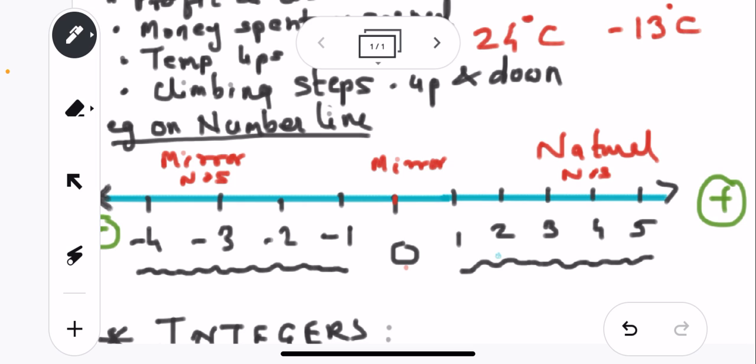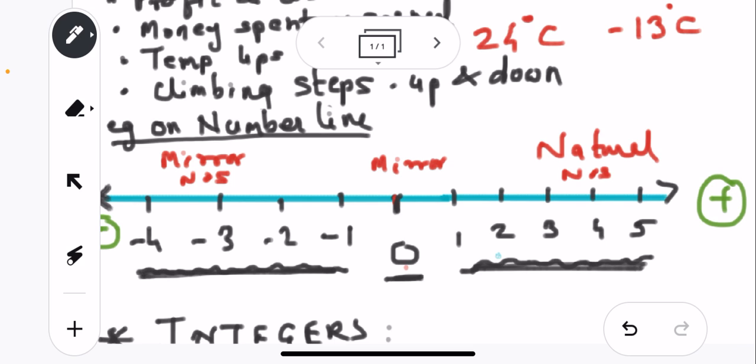Now here, if you see the natural numbers and 0, the numbers on the left hand side, that is the minus, are just the mirror image of the natural numbers, but with a negative sign. So on the number line, we have natural numbers, then we have 0 and we have mirror numbers.